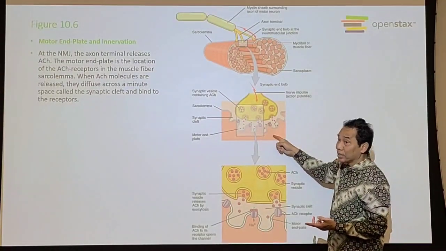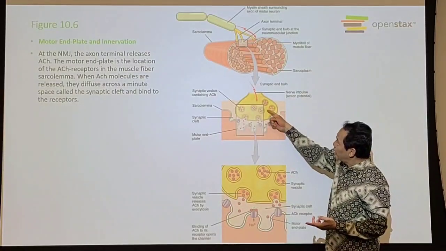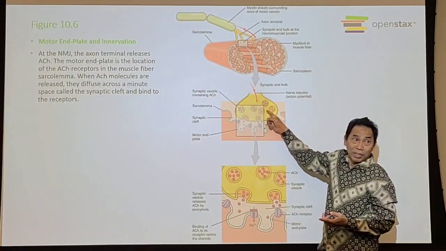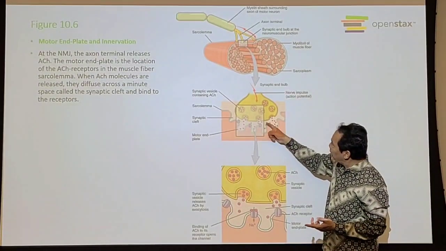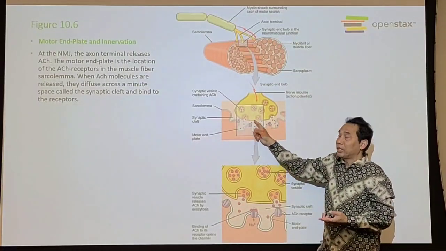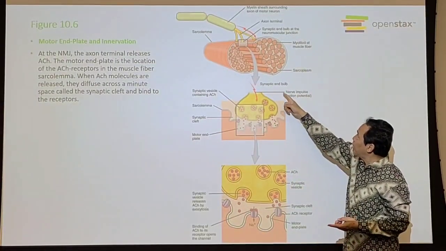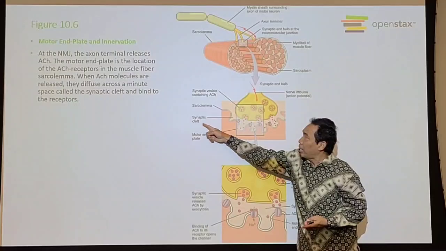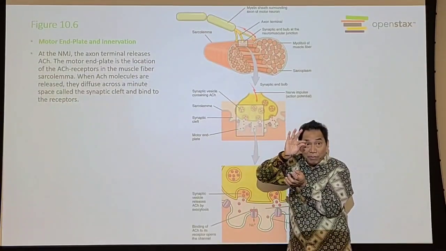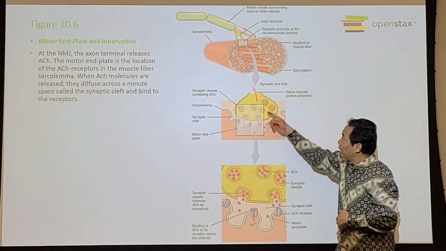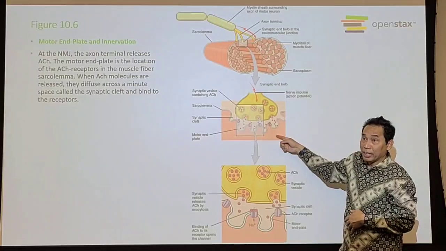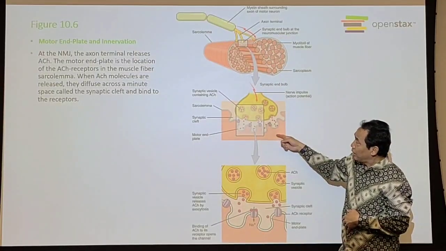This is actually the muscle cell over here, and this is the end of the axon, the axon bulb, and this area is called the synapse. Sometimes it's also known as a synaptic cleft. This is the cleft. It's an area between the neuron and the cell, in this case, muscle.